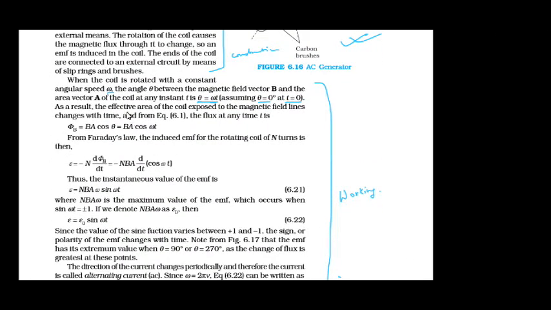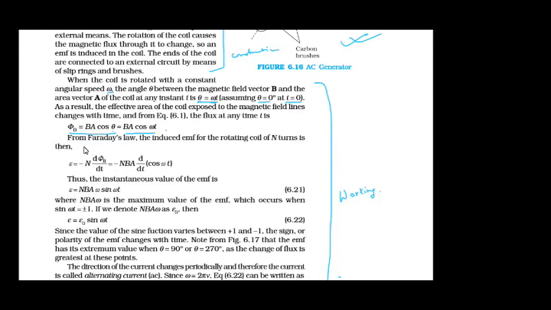As a result, the effective area of the coil exposed to the magnetic field lines changes with time. From equation 6.1, the flux at any time t is phi B equal to BA cos theta, that is BA cos omega t. Instead of theta, we have written omega t.